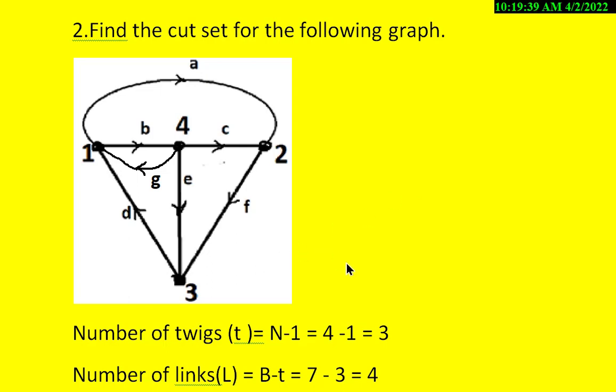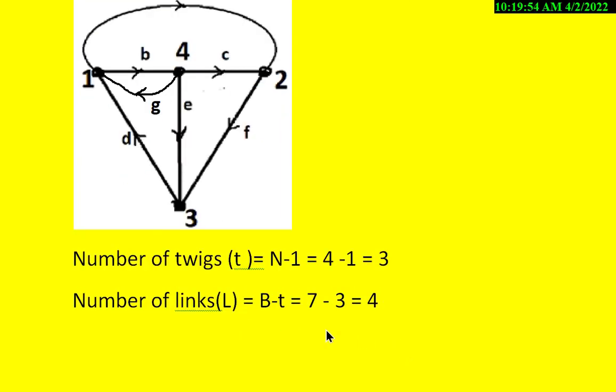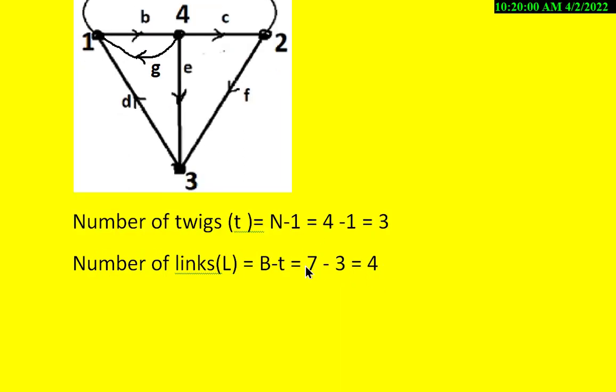Once it is known, we can calculate the number of twigs for this graph, which is nothing but the total number of nodes minus 1. Total nodes are 4, minus 1 gives us 3. The number of links, capital L, is nothing but total branches minus twigs, that is 7 minus 3 is equal to 4.